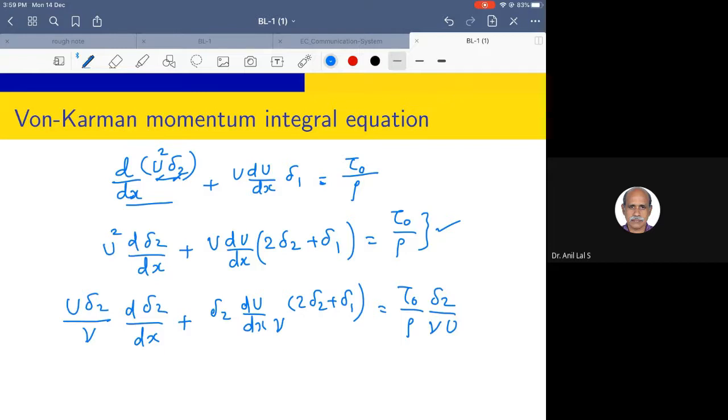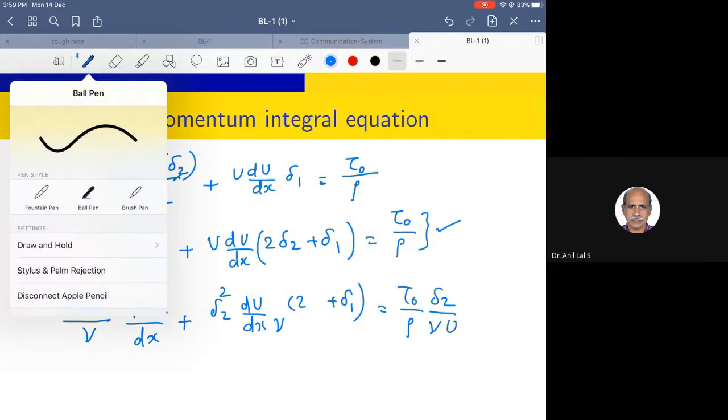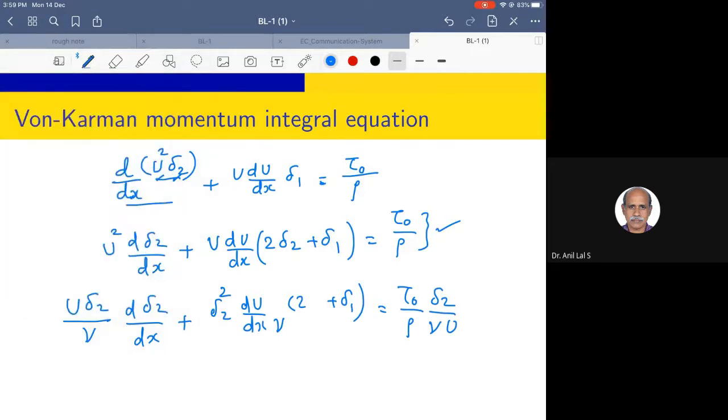Now it is non-dimensionalized. So this delta 2 can be taken outside, so delta 2 squared will come and this delta 2 will go. By that, there will be a delta 2 over here, and a delta 2 over here.